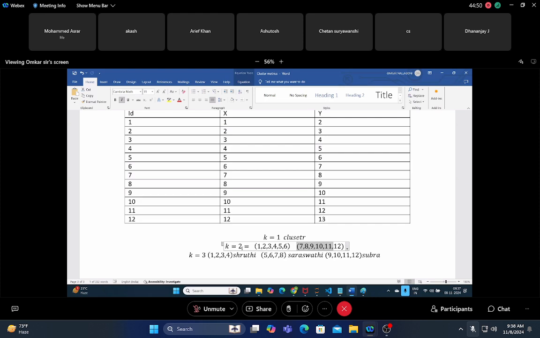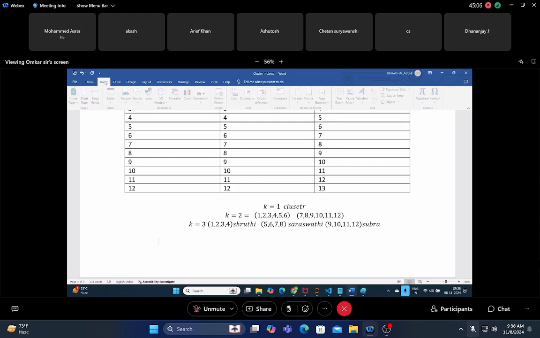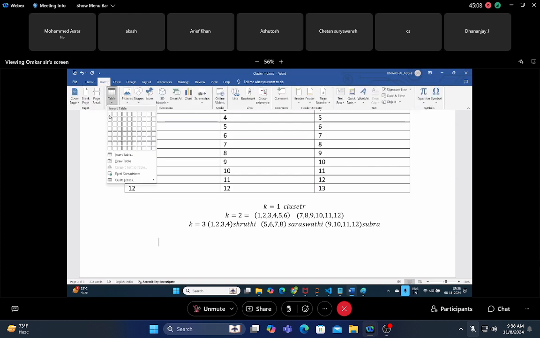Which one have you done, Rahul? K is equal to 3. In that, which one? Third one, huh?